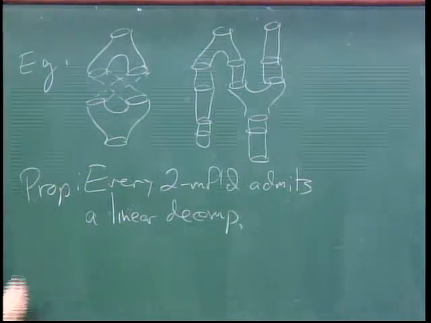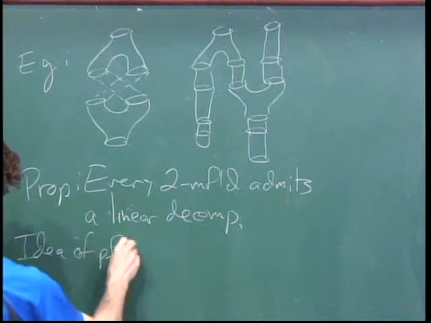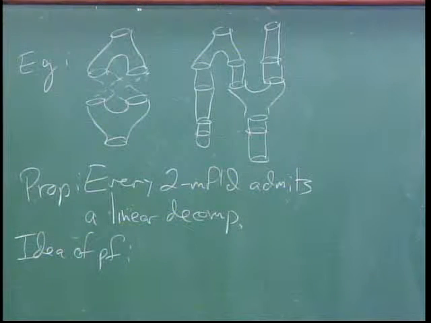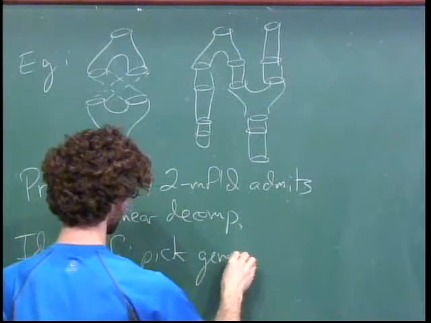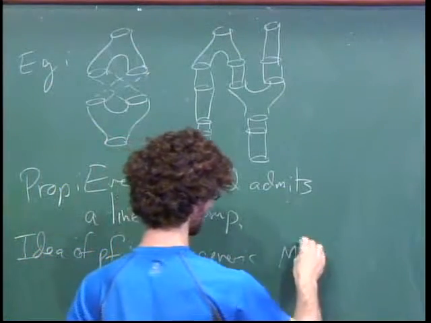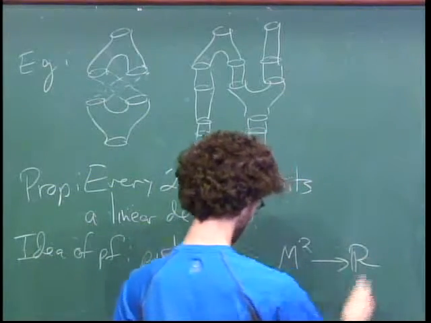So what's the idea of the proof? Well, basically, we just use Morse theory. We start with an abstract surface, and we're going to pick some Morse function on it. So you sort of pick some generic map from the surface you started with to R, say.